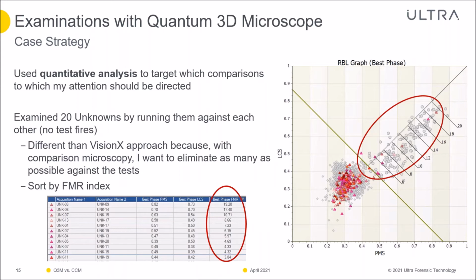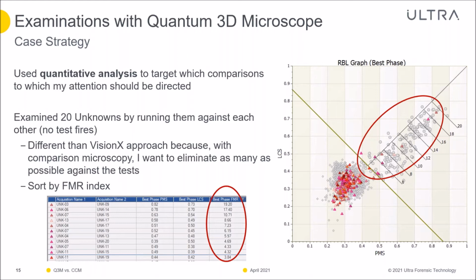Now, when I worked with the Quantum 3D microscope, my case strategy was different. I used a quantitative analysis to target which comparisons my attention should be directed to. Now, in this particular case, I could look at all the evidence without being concerned with the test fires, because I didn't have to worry about trying to filter out some of those unknowns by comparing with the test, because I could just compare all the unknowns using the quantitative analysis.